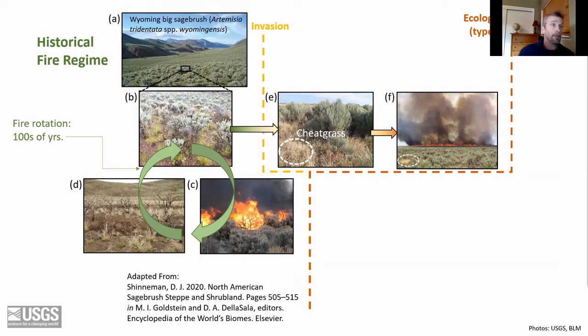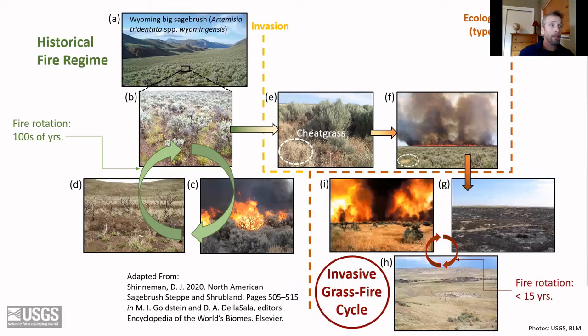And the highly flammable annual grasslands are then capable of promoting short fire return intervals in many landscapes, preventing native species reestablishment, especially non-sprouting shrubs, without extensive restoration efforts. And many of those efforts are relatively unsuccessful.